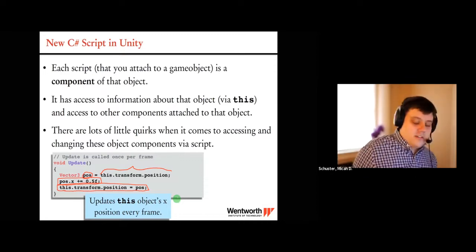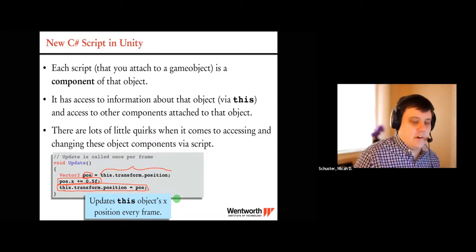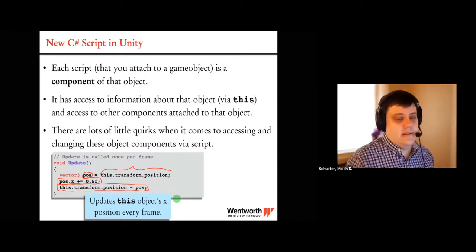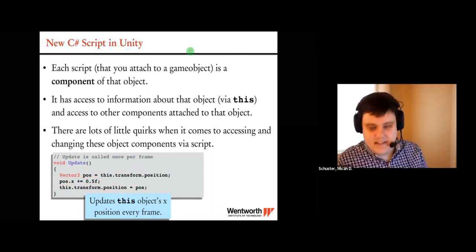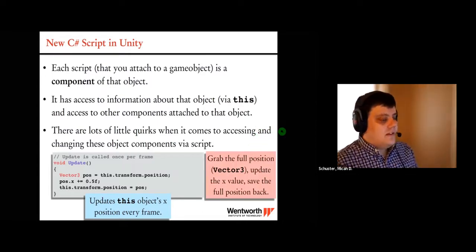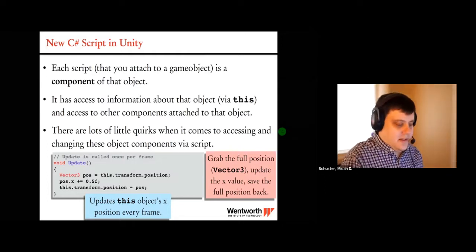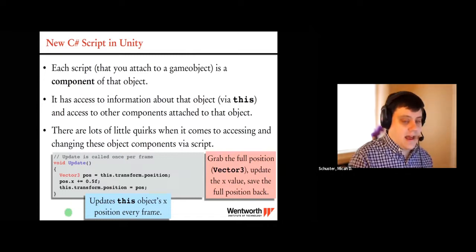So there are little quirks, just like in any language or any library that you're using. Engines do the same sort of thing. There are little quirks that they don't allow you to do for whatever reasons the programmers or designers decided. So in this case, we grab the full position, update the x value, and save it back. And you have to do those 3 steps. And we will be doing that a little bit later.